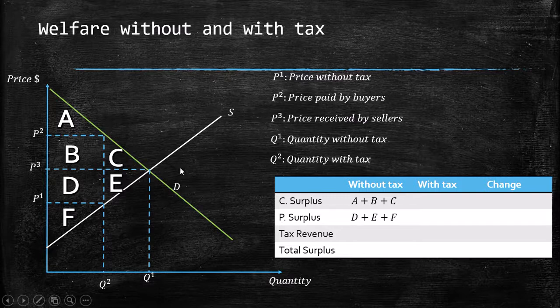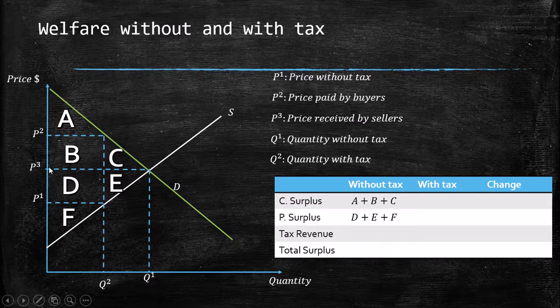The next one is producer surplus. This is basically D, E, F. Why? Because along this part of the supply curve, the producers could even produce at a lower price, but they don't have to, because the market guarantees them a price of P3.